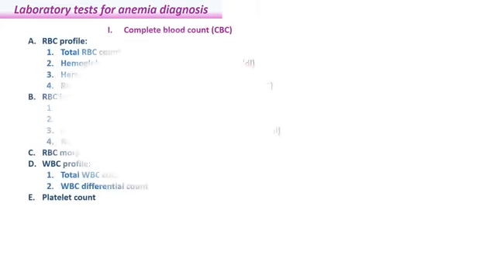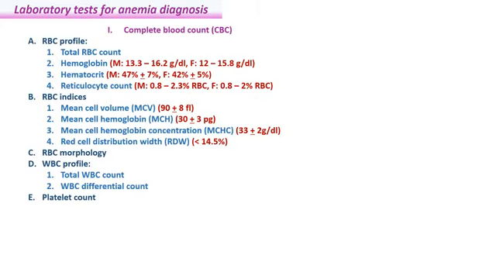Come to the laboratory tests for anemia diagnosis. First is the CBC, or complete blood count. Under this heading, it is RBC profile, RBC index, RBC morphology, WBC profile, and platelet count. Under the heading of RBC profile, it is total RBC count, hemoglobin, hematocrit, reticulocyte count.